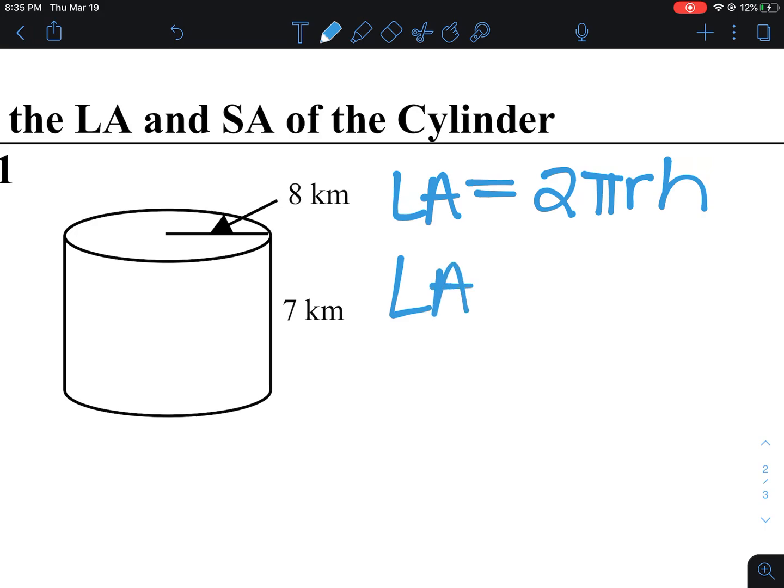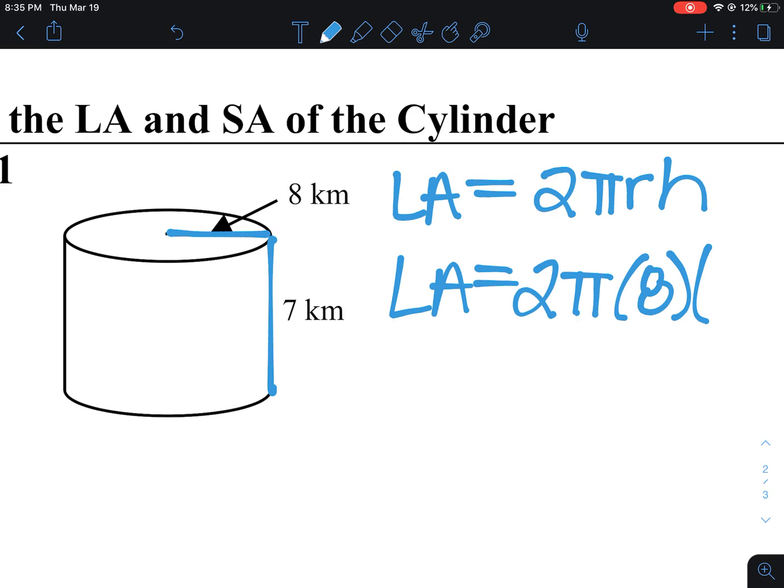So 2 pi, the radius here is 8, right? This part right here, that's the radius. And then the height of the cylinder is 7. So I always do like, okay, first let's find the exact answer. 8 times 7 times 2, and that's 112.